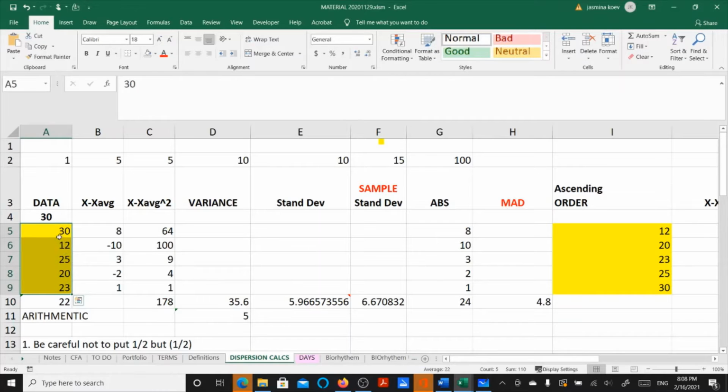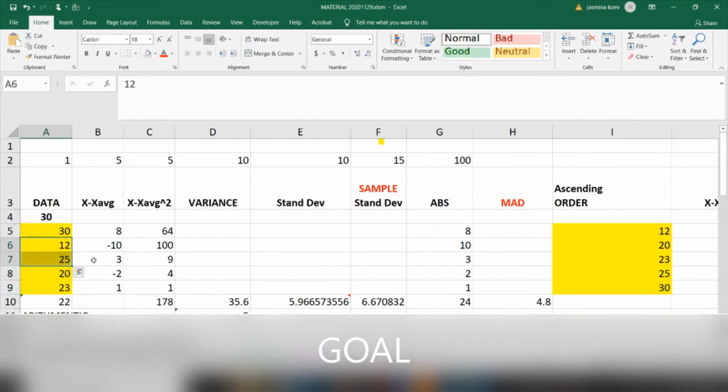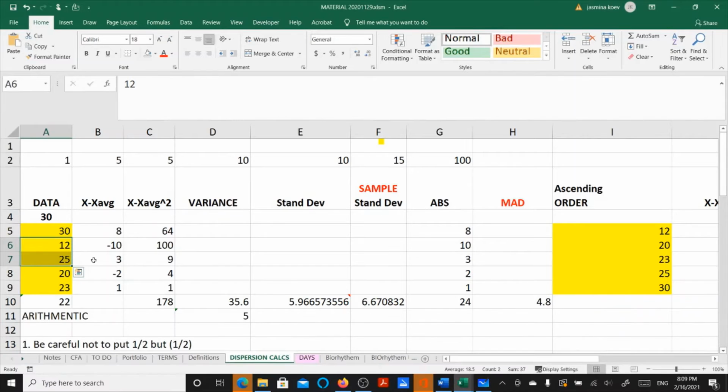By the way, these are prices. If you really want to do this, use returns or the delta, which we're going to touch on subsequently when we tie everything together, because this eventually will get into our portfolio presentation. This eventually is leading to a research report on portfolio diversification.